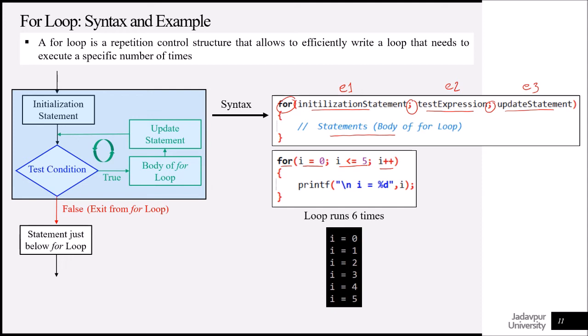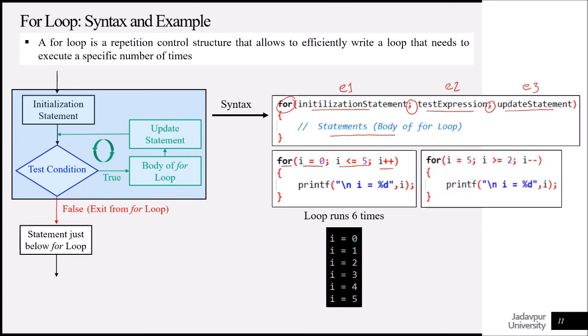Now we can have different types of test expressions and update statements, and this second example gives us a view into what else can be done in the for statement. So here the value of i is initialized to 5.